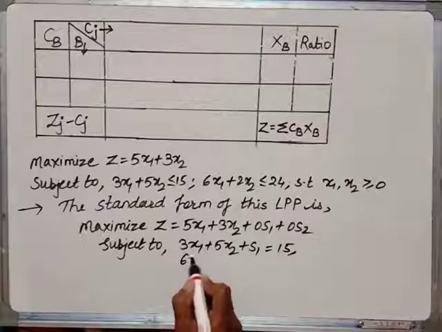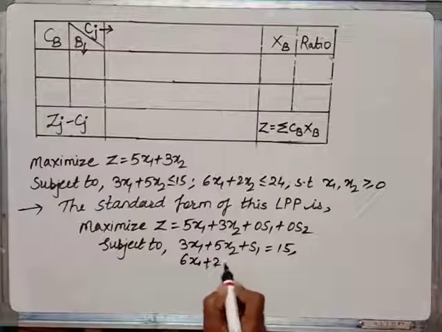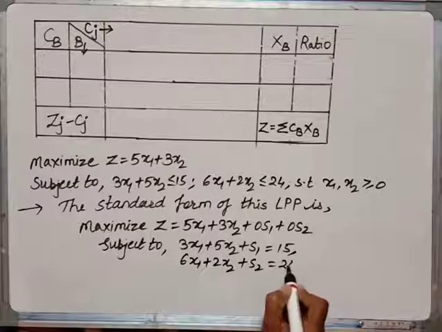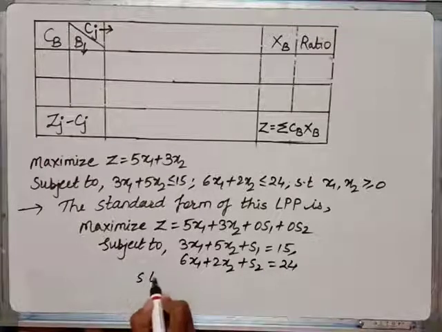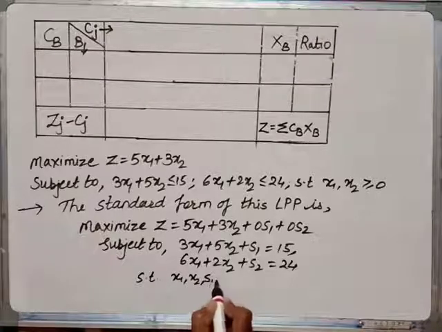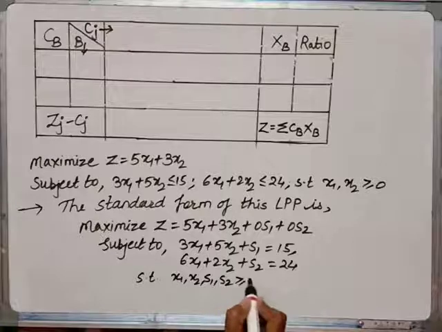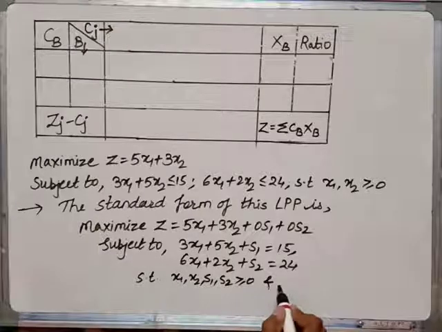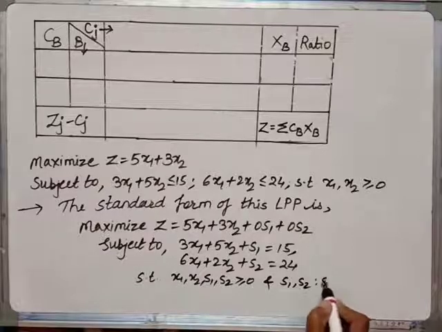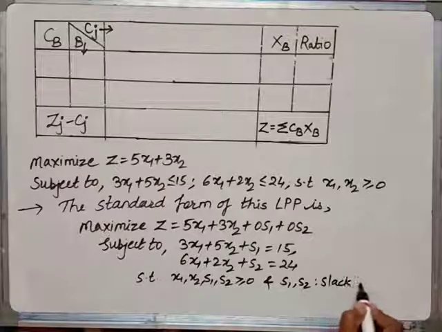Then 6x1 plus 2x2 plus S2 equal to 24, such that x1, x2, S1, S2 greater equal 0 and S1, S2 are slack variables.